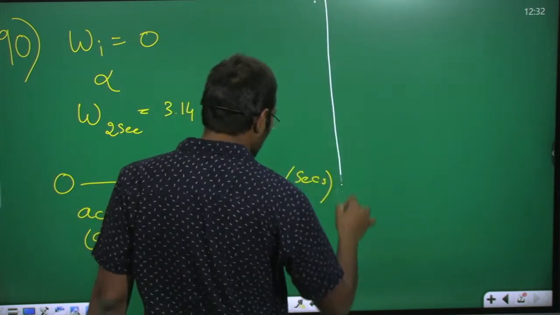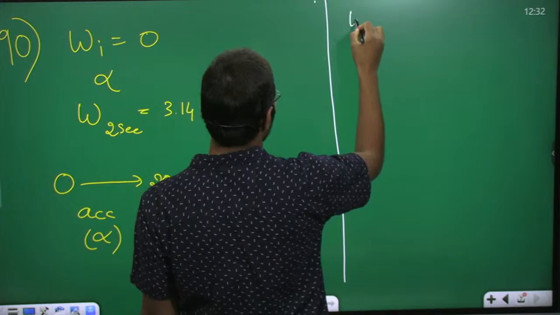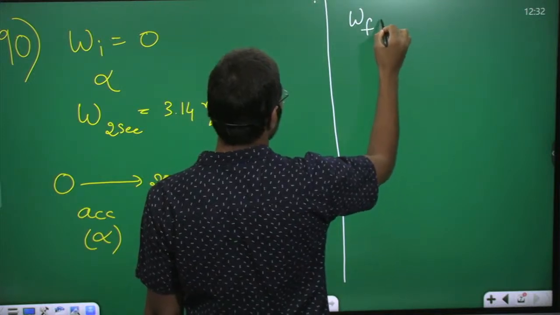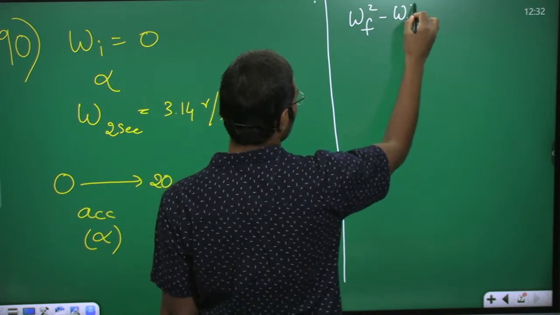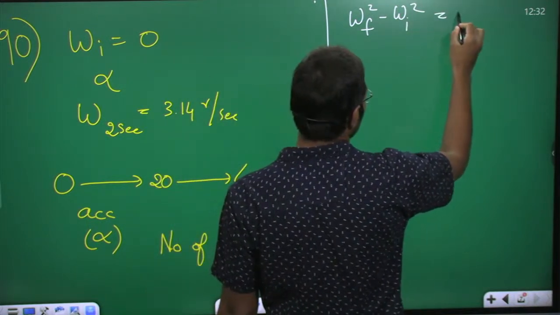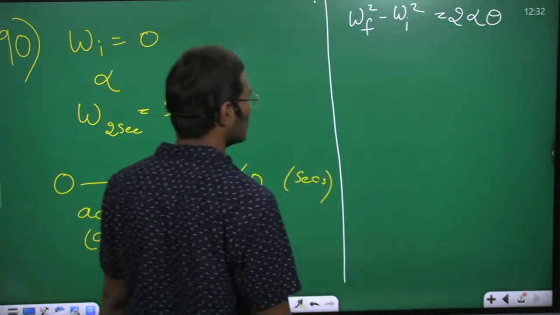So what all equations do we have? V square minus u square equals 2 alpha theta.